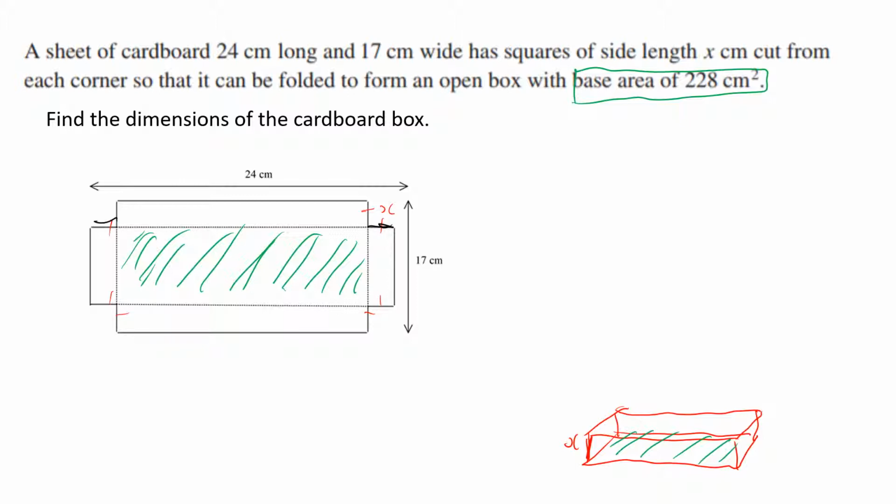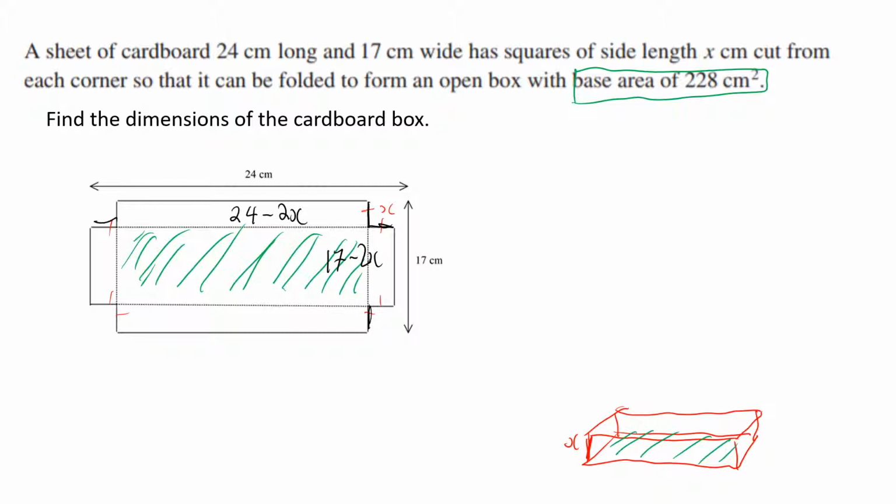So that length, therefore, is 24 less 2x. Now, if we go to the width, we started with 17 centimeters, but of course, 2x has also been removed from that. So the width of the box is 17 less 2x. All right, great.